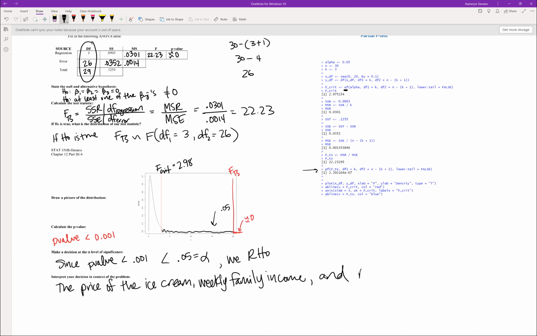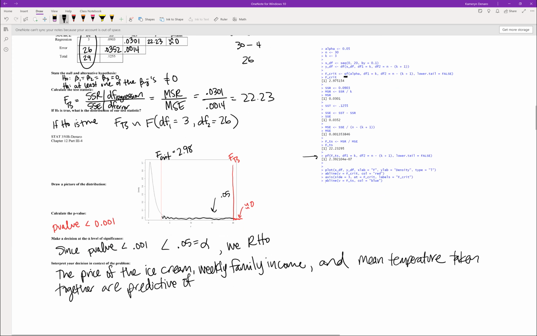If it's hot outside, taken together are predictive of ice cream consumption.